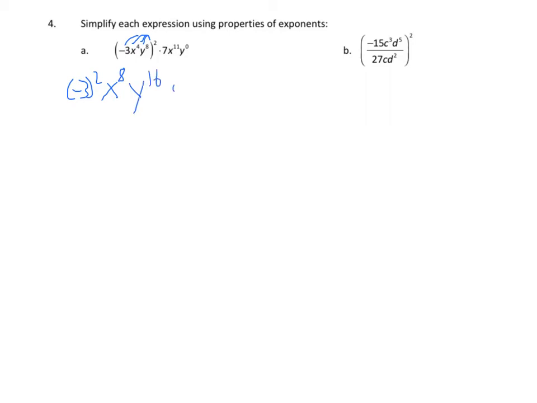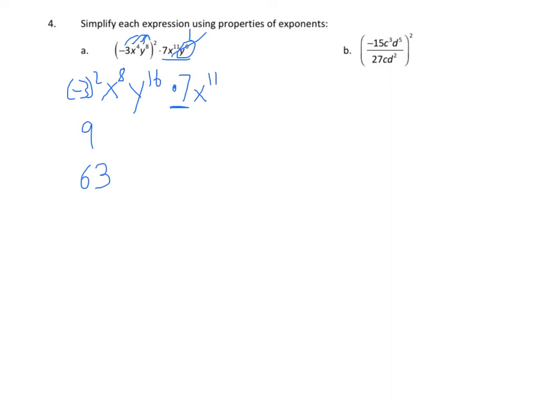Then I'm just going to bring down the second expression times 7x to the 11th. And then y to the 0 is just 1, and I don't need to write times 1. So that y to the 0 basically just goes away. Now I'm going to simplify. -3 squared is 9, which I can actually multiply by the 7, and we get 63.